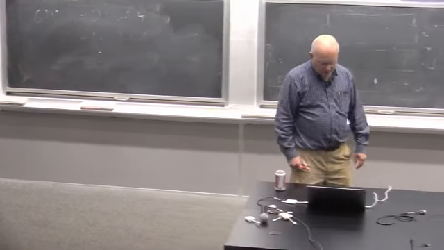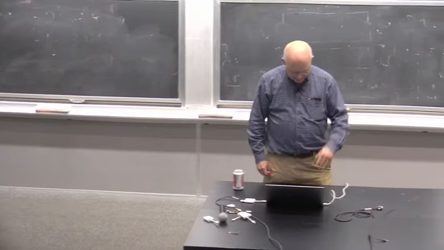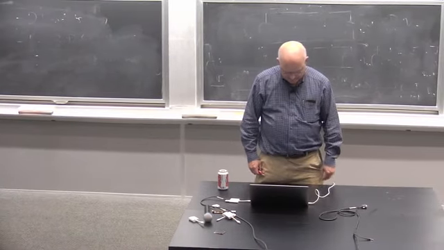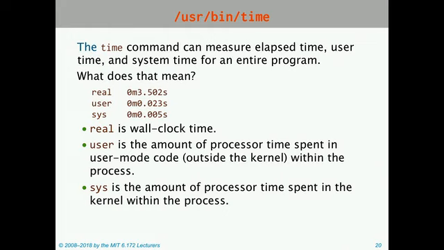So when you run the time command, you get some numbers like this, where it says, here's the real time, here's the user time, and here's the system time. Now, you might think that the user time and the system time should add up to your total time. Doesn't work that way. Part of the reason is that the processor may actually not be working on your code. You may be context switched out and something else is in.